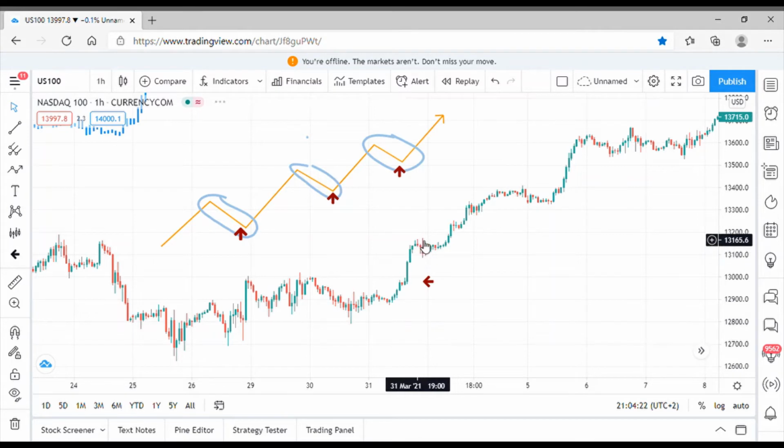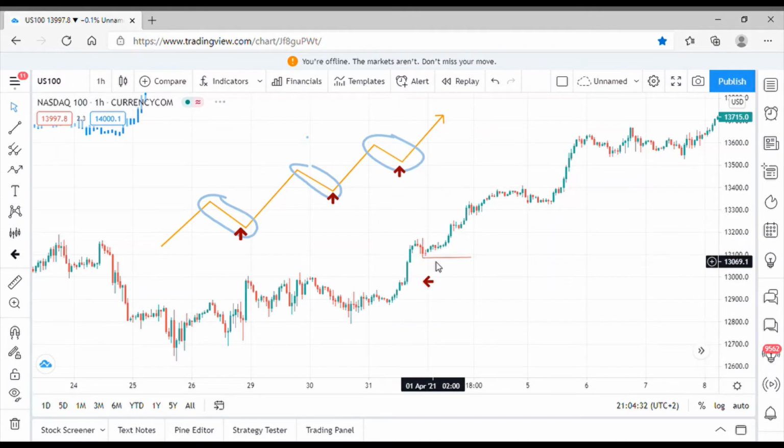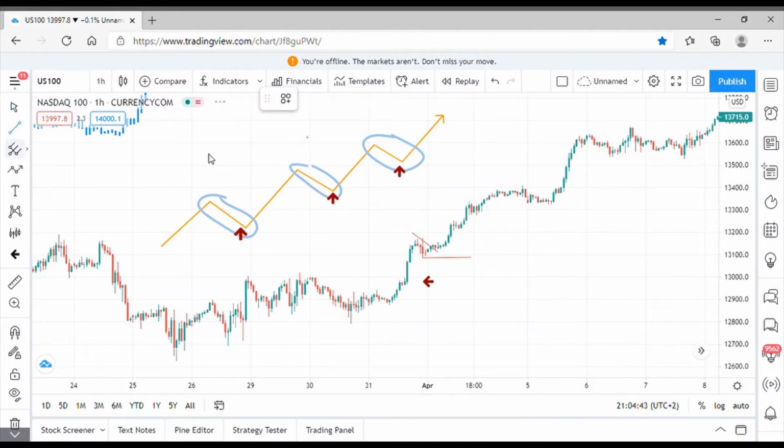When this pullback happened, the market created this low over here, but price didn't break lower than this area. And we can also see that this is a continuation pattern that was happening over here.